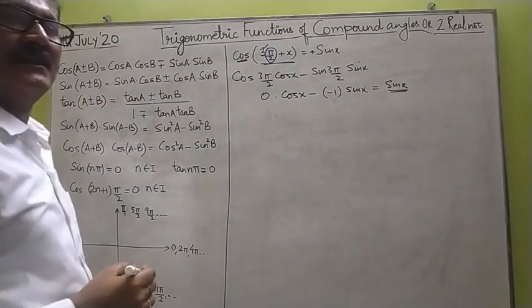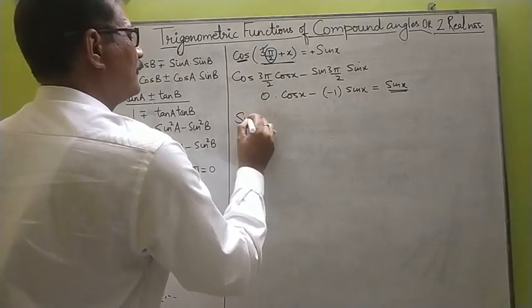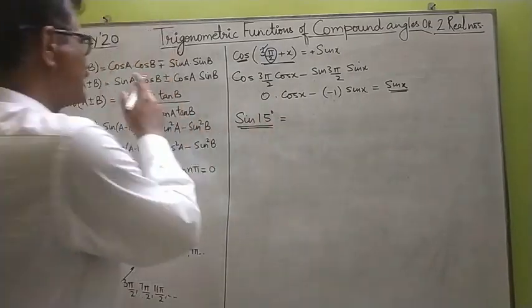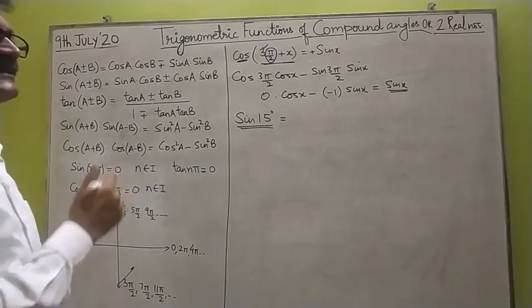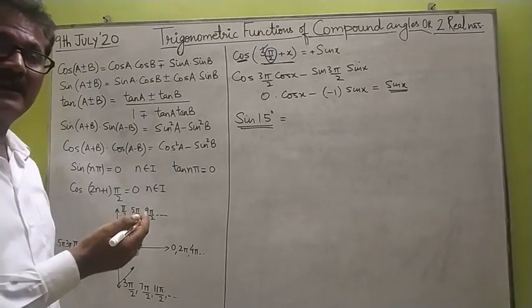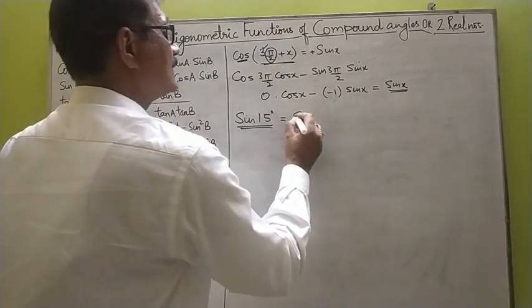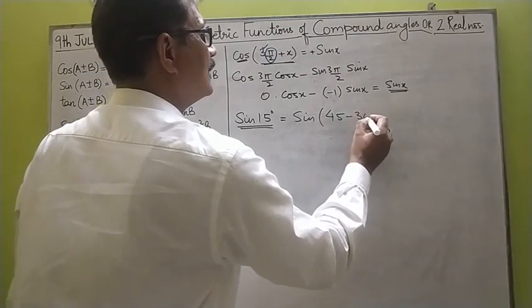Okay? Is that clear? Now, how will you find the value of sin 15 degrees? What is the use of these formulas? The sum or difference of two angles. Now, sin 15 has to be expressed as a sum or difference of two standard angles. So we can write sin 15 as the difference of two standard angles, that is 45 and 30.